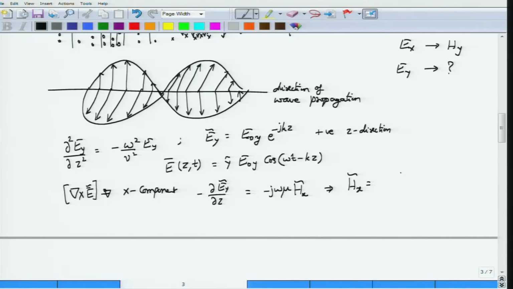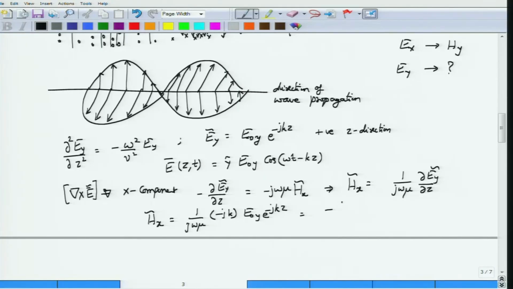Hx is nothing but 1 by j omega mu del Ey by del z, and with Ey given by the constant E0y e power minus jkz, all I am going to get here is Hx phasor given by 1 by j omega mu times minus jk E0y e power minus jkz, right.